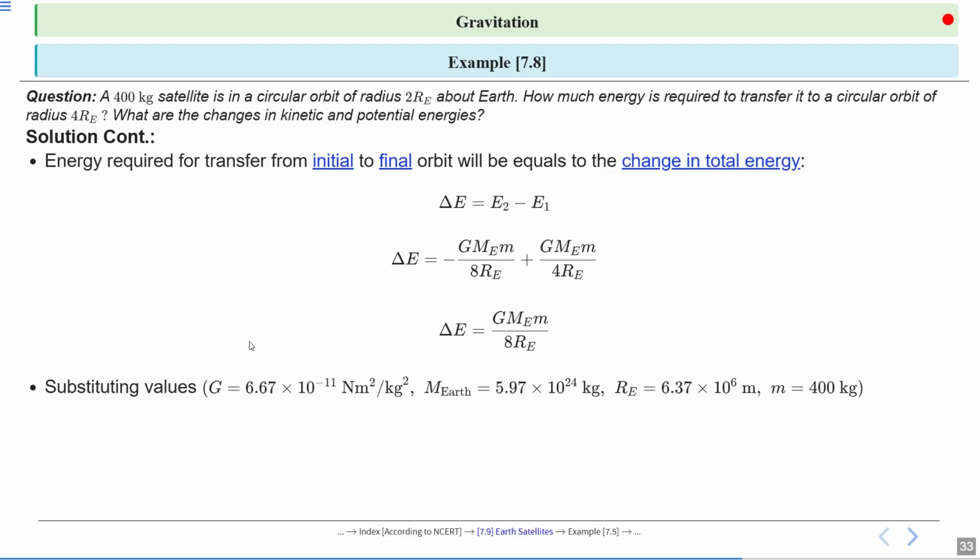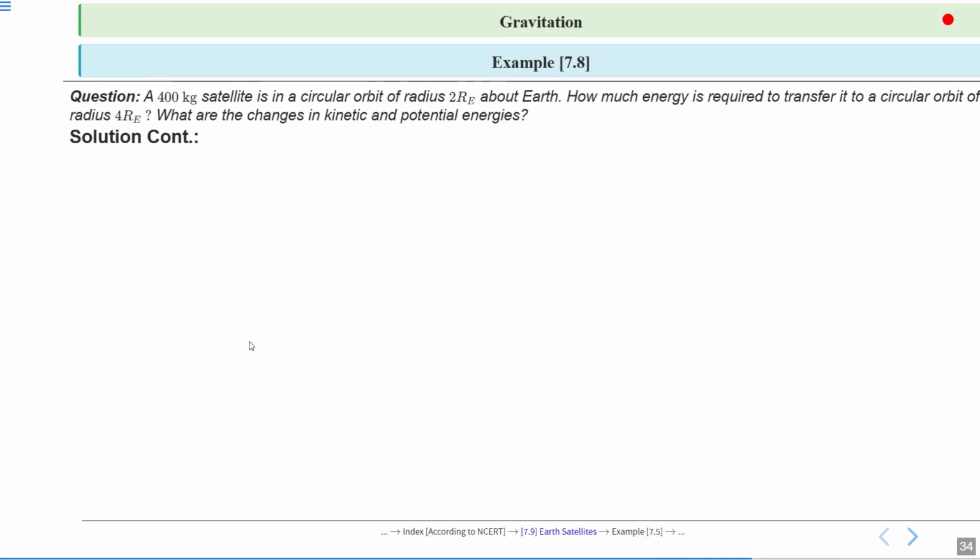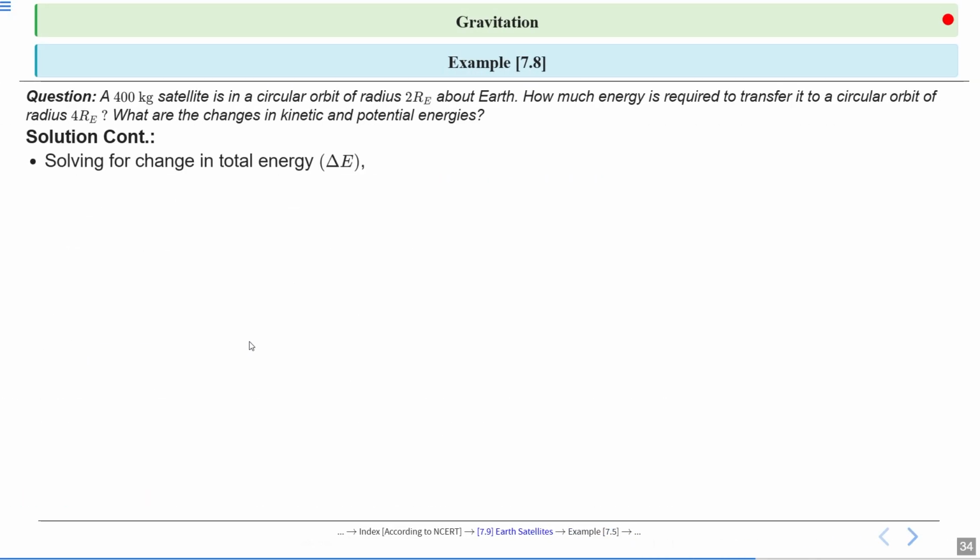Substitute the known values into our equation. So we have delta E is equal to 6.67 into 10 raised to the power minus 11 into 5.97 into 10 raised to the power 24 into 400 divided by 8 into 6.37 into 10 raised to the power 6. So let's solve for the change in total energy.